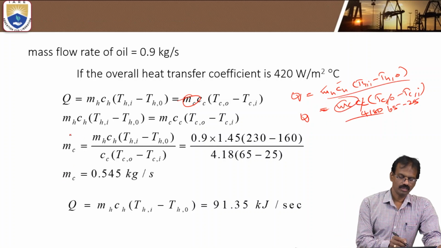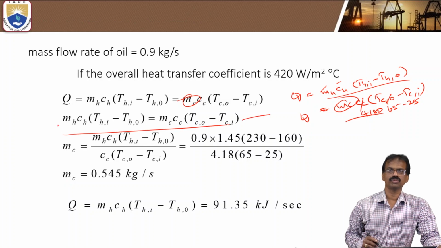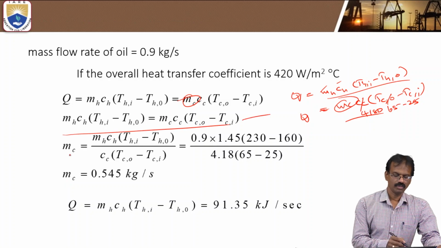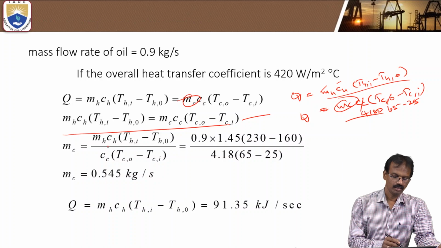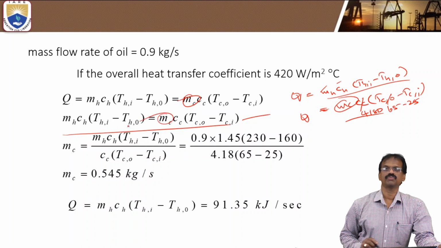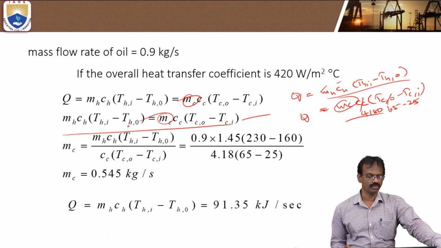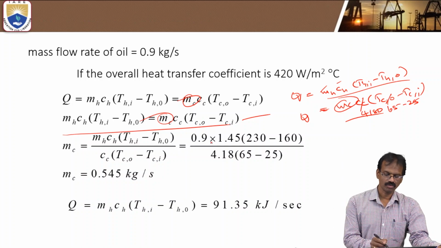Because Q is the same in both formulas, mH CH into hot fluid temperature difference is equal to mC CC into cold fluid temperature difference. Then all the values you know, so by using this equation you can find out mC. mC is equal to this one.